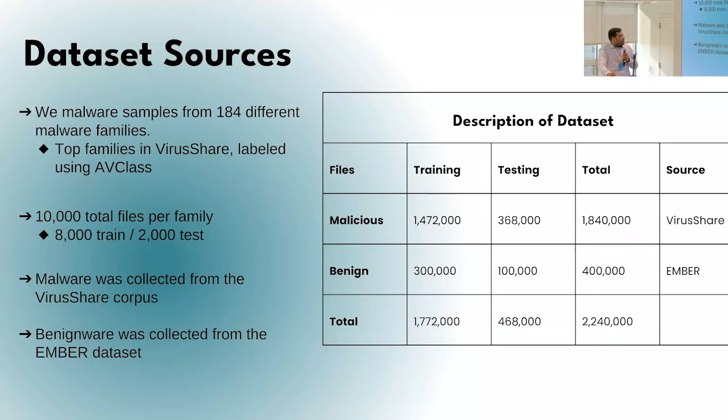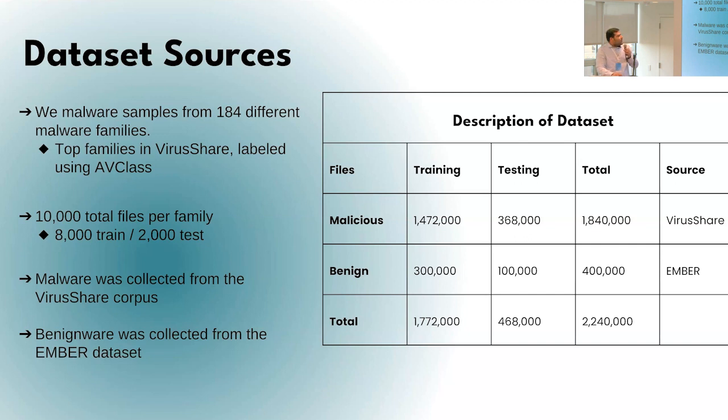Before we go any further, let's look at the data set we are using. We got our malicious data set from VirusShare. We took the 184 prominent families from VirusShare, which are labeled by AV class.